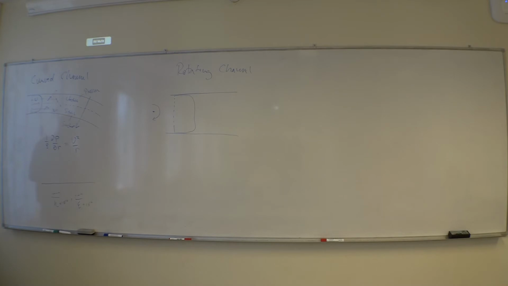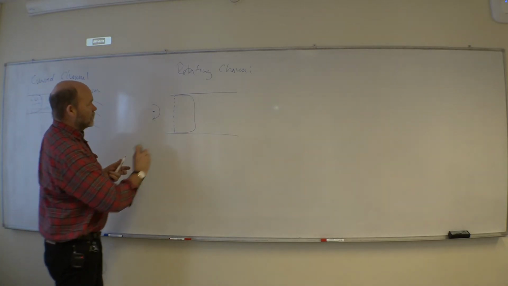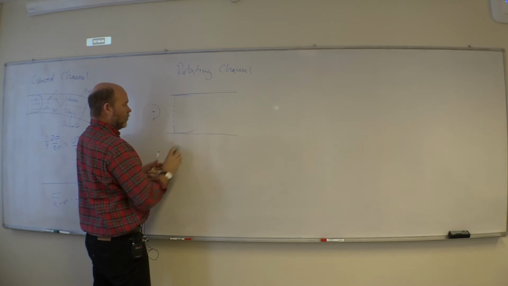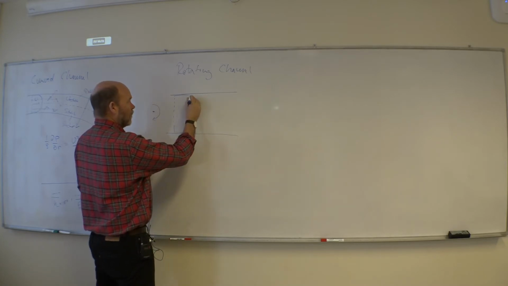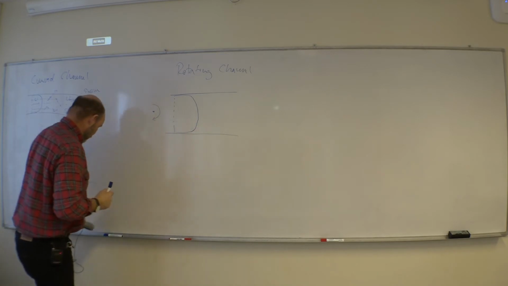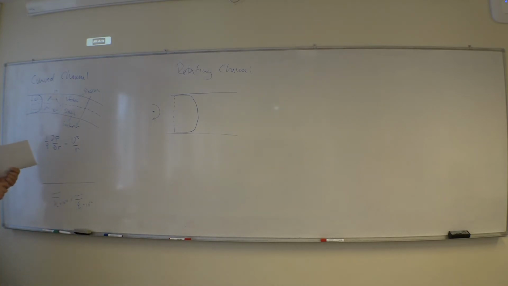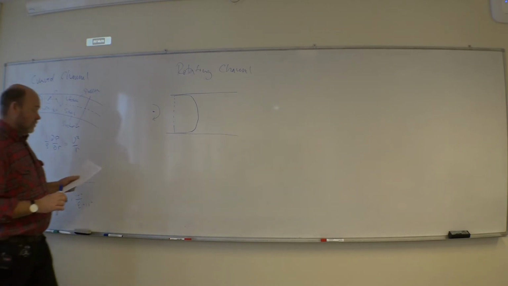For a rotating channel, you will have the same effect. Again, let's draw this one a little bit more curved, easier to see. Something like this. What do we have here?